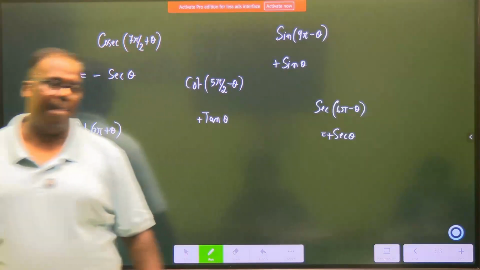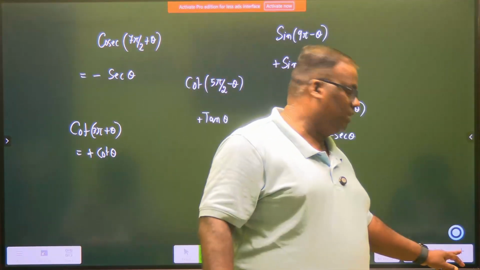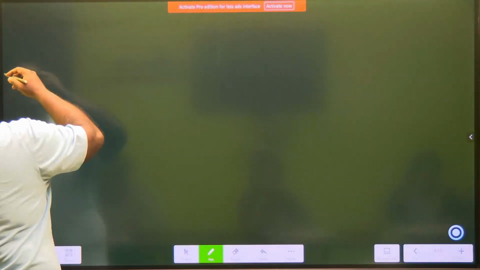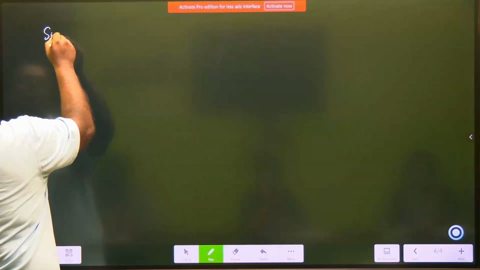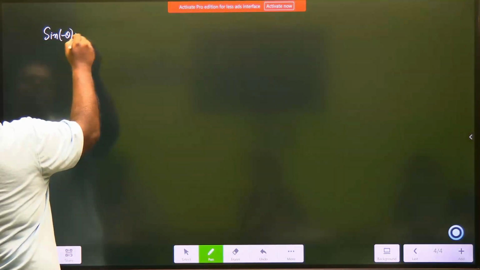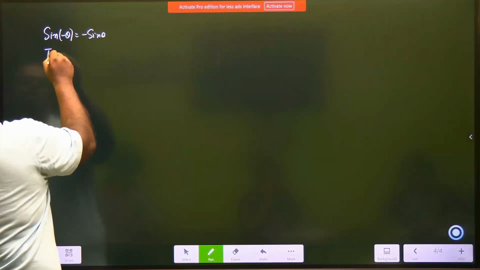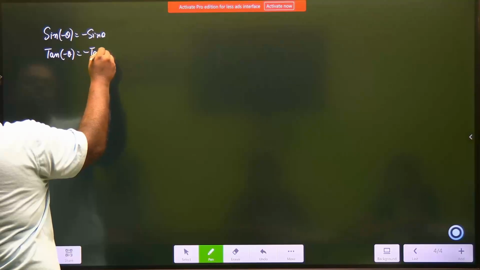Clear now? Now, you must have seen something called even functions and odd functions. So like sine is odd, cos is even. So it goes like this. Sine of negative theta is negative sine theta. Tan of negative theta is negative tan theta.